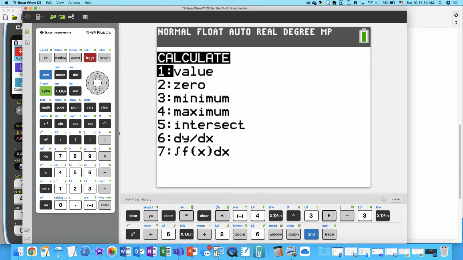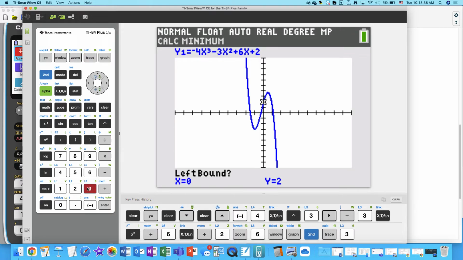Now, the min point is over here. It's going to ask you for a left bound and a right bound. If the minimum is over here, left of it is this way, so you want to bring the cursor somewhere over here. That's the left of the minimum point. Hit enter, and then it's going to ask you for a right bound.